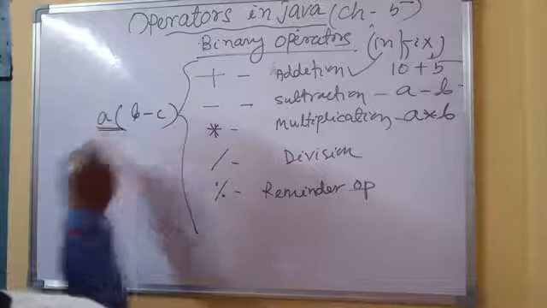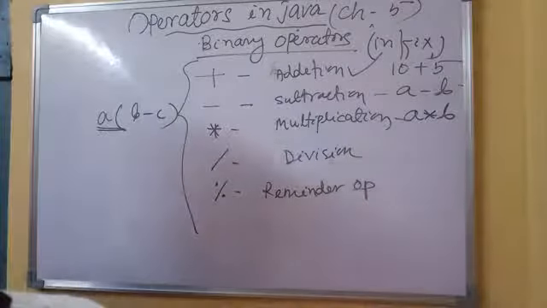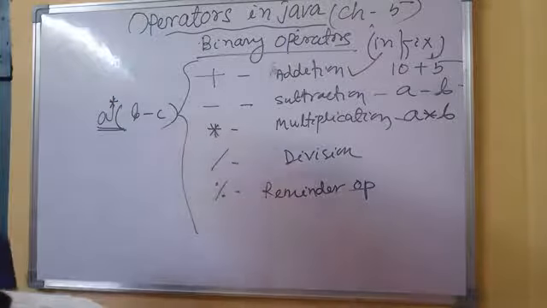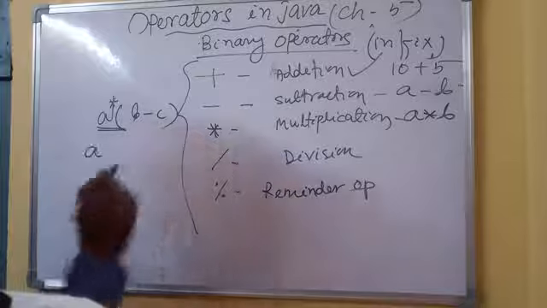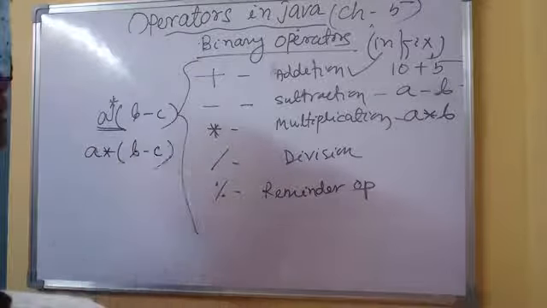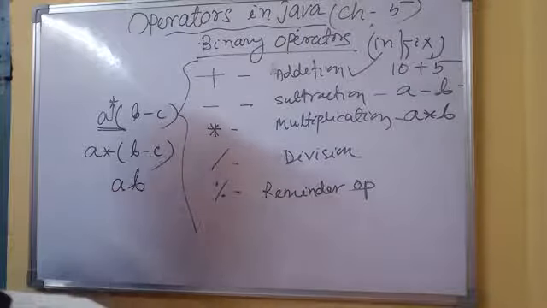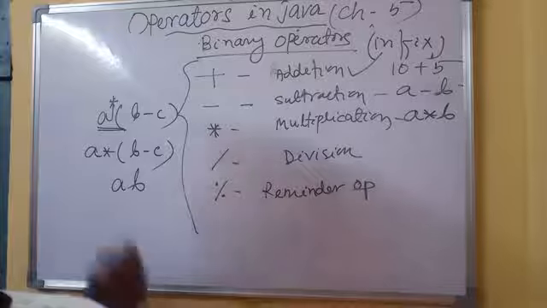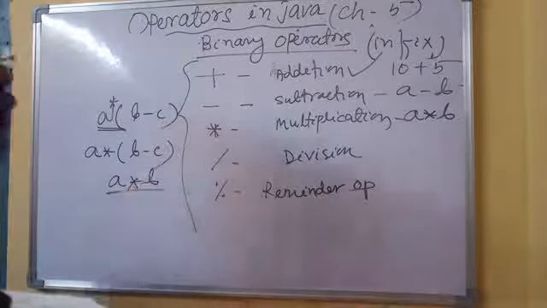That means a is multiplied with b minus c, but here you have to give the multiplication sign, otherwise the computer cannot understand it. So in programming you have to write a into b minus c. Likewise, if we write ab, that means a is multiplied with b, but here you have to give the multiplication sign, a into b, then only the computer can understand.